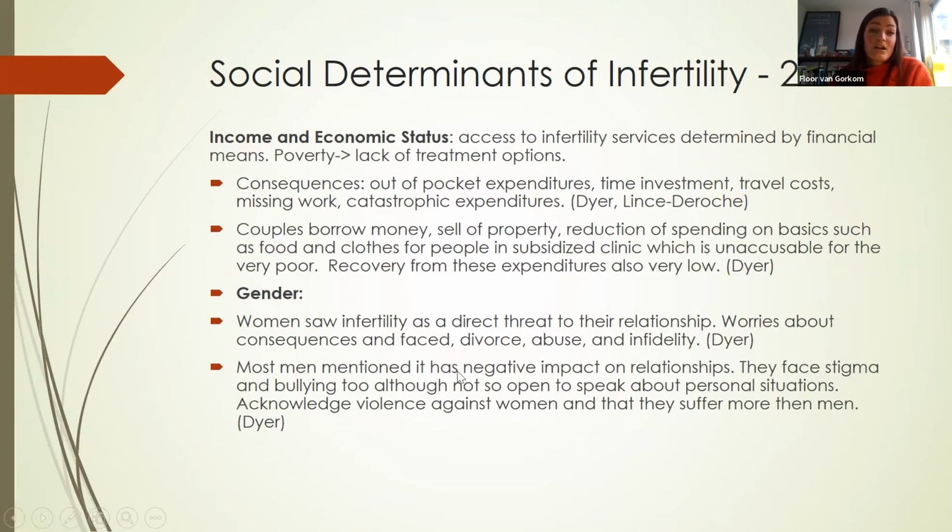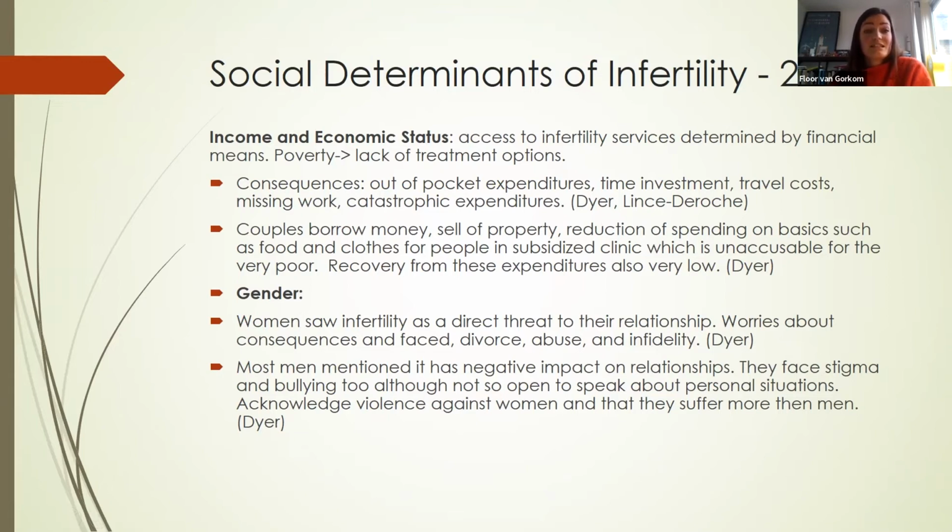When it comes to income and economic status, access to infertility services is determined by one's financial means, since most of the care is given at tertiary level and people have to make out-of-pocket payments.